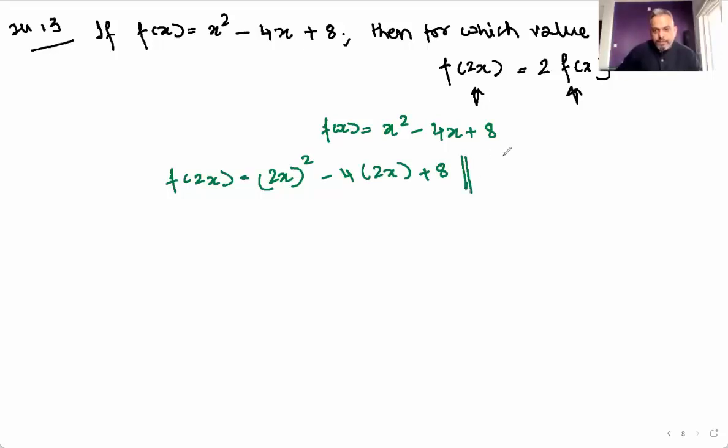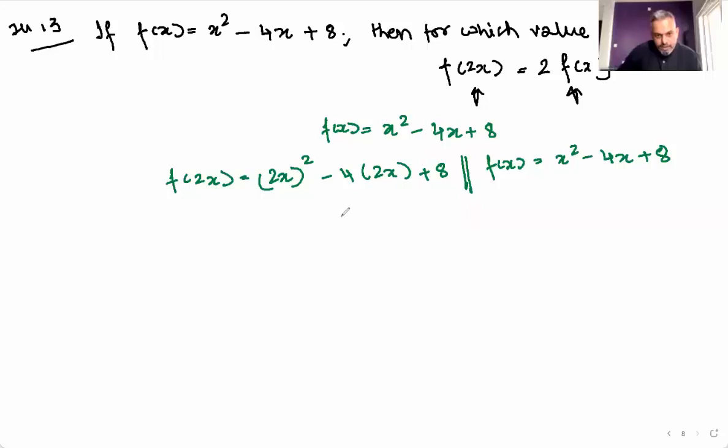Simultaneously, f of x, 2 into f of x, तो f of x तो हमें पता ही है which is x square minus 4x plus 8. Now इन दोनों को इक्वल करना है, so let's do it now.